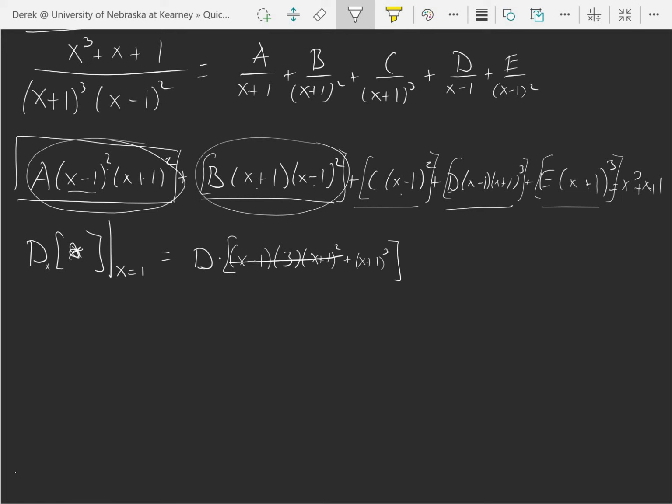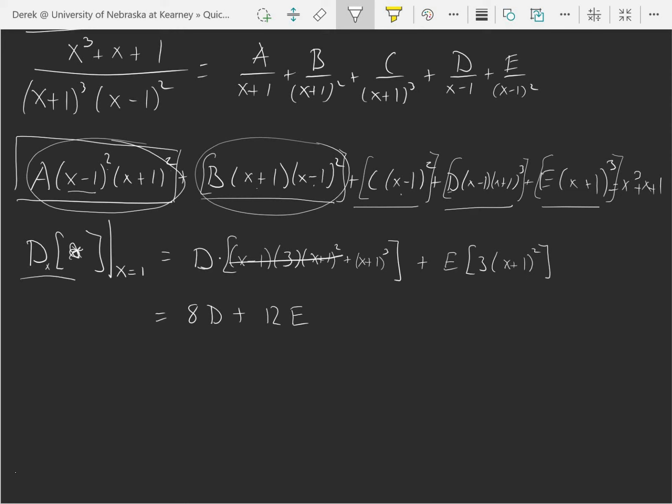So that part goes to 0 at 1. I just get x plus 1 cubed, so this is going to be 8d plus this piece here. It's going to be e times 3 times x plus 1 squared, so plus 12e. So this is 8d plus 12e.